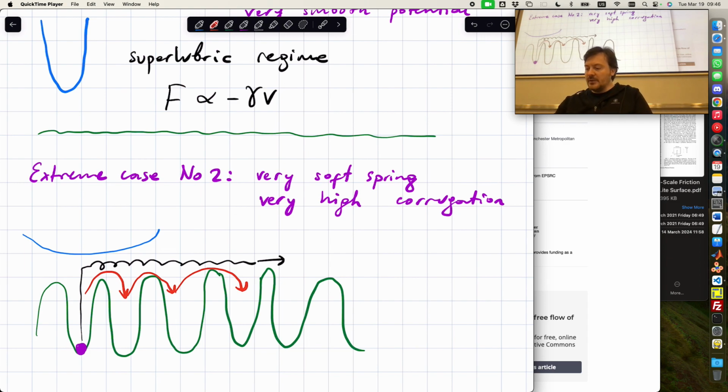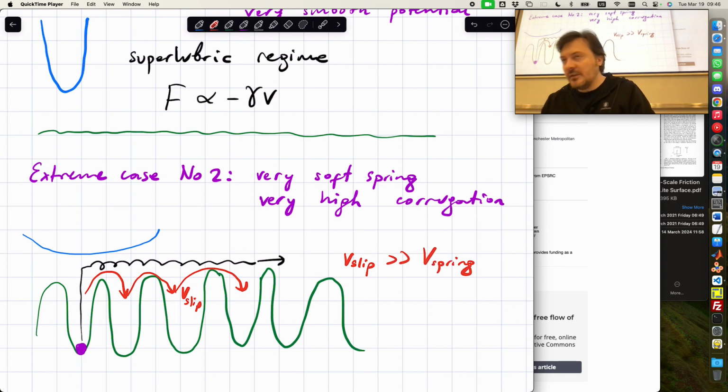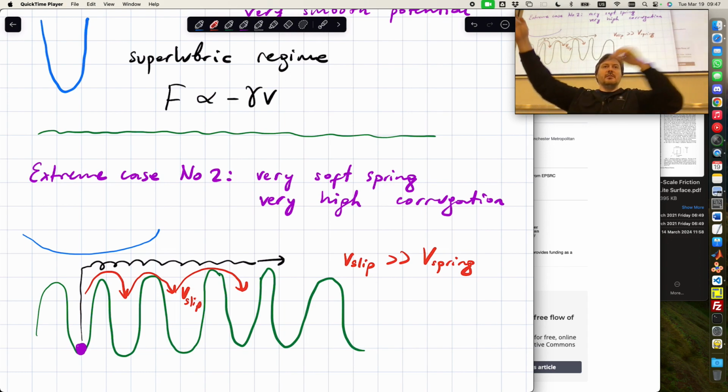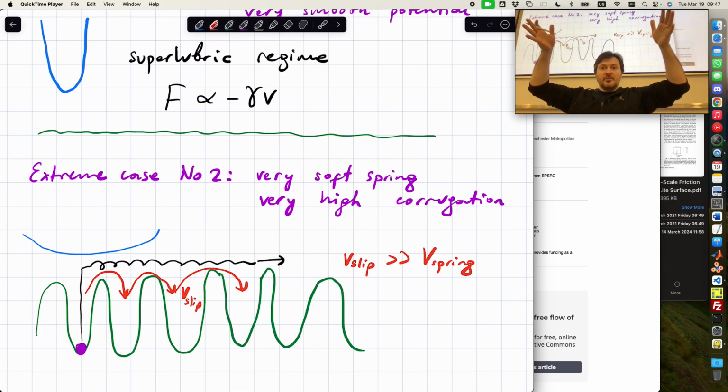But during that slip, it will move very suddenly, at very high velocity. I mean, its velocity over here, v ball, during the slip, let me call it v slip, will be much higher than v spring. Because notice that the velocity that goes into the macroscopic equation is the velocity of the spring.